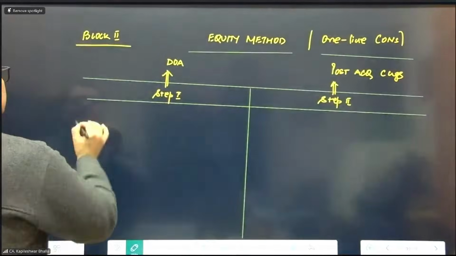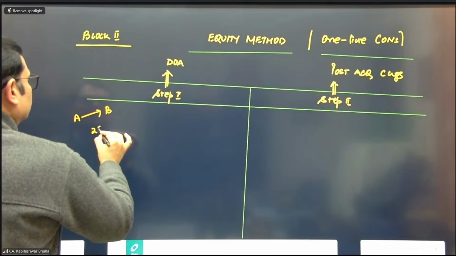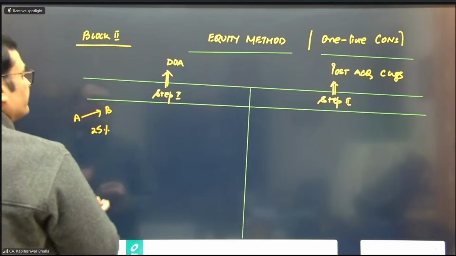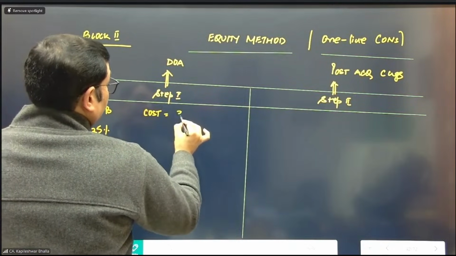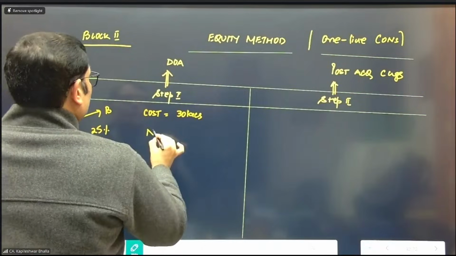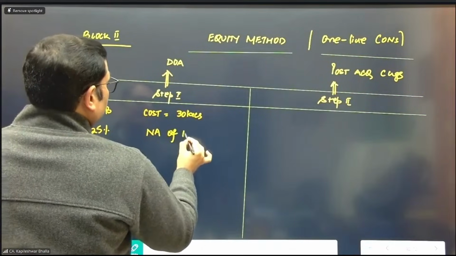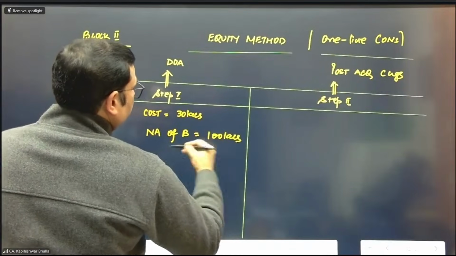Let's consider that company A acquired 25% shares of company B, and this was acquired, let's say, at 30 lakhs. And let's say the total net assets of B is 100 lakhs.